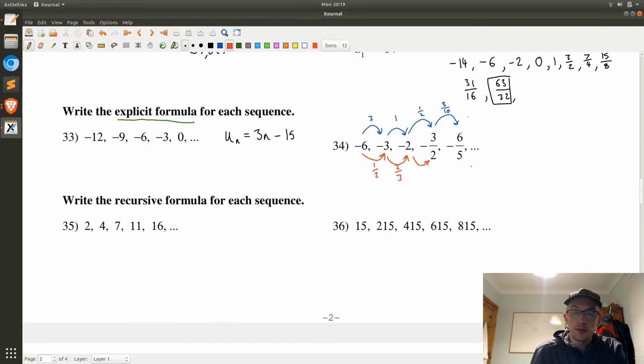That will give 3 over 4. Oh, I get it. I think so anyway. 6 over 5 divided by 3 over 2. 12 over 15, which is 4 over 5. What a crazy sequence.